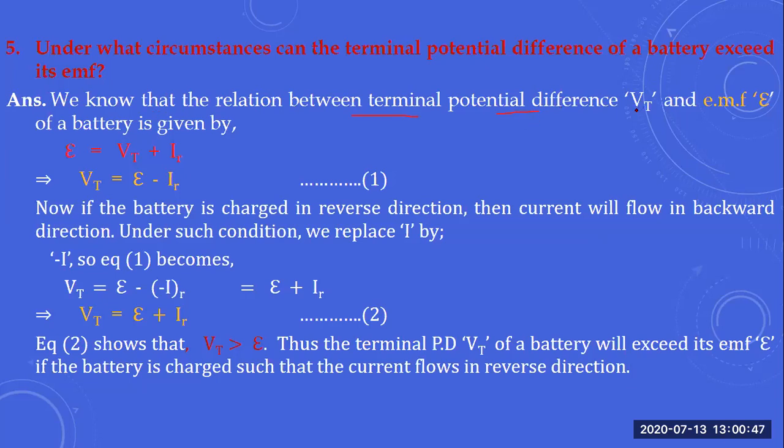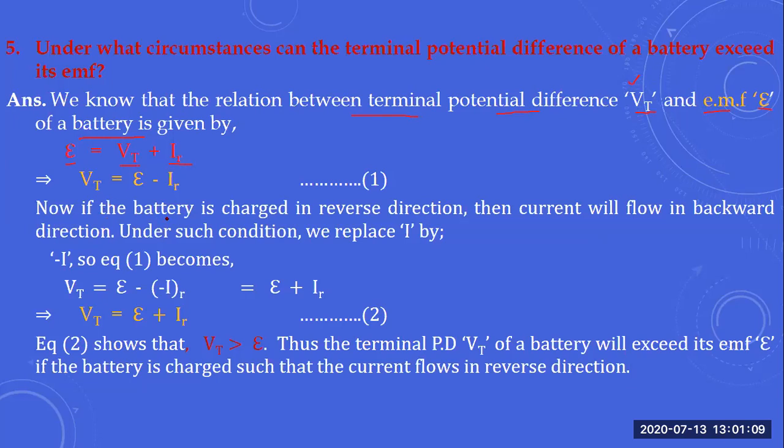potential difference Vt, T for terminal, V for potential difference, and EMF is given by EMF equal to the terminal potential of the battery plus IR.